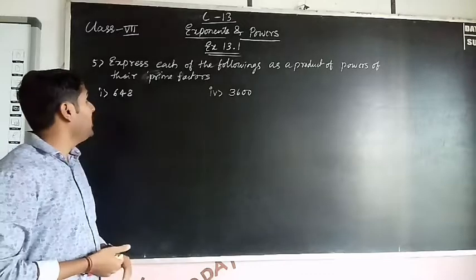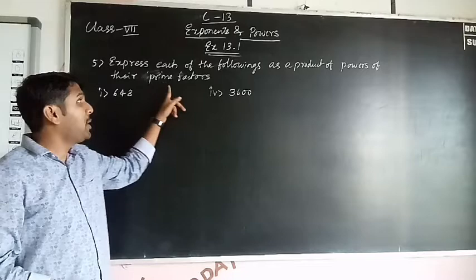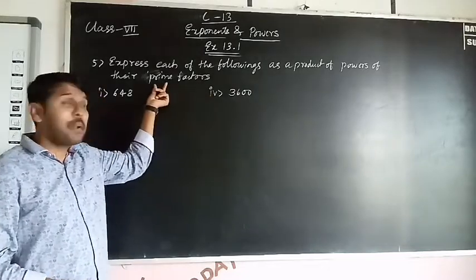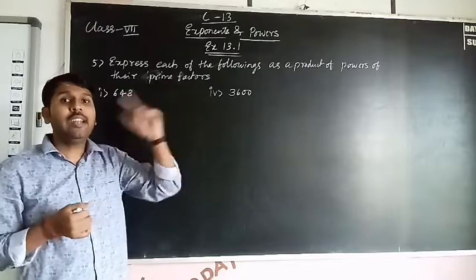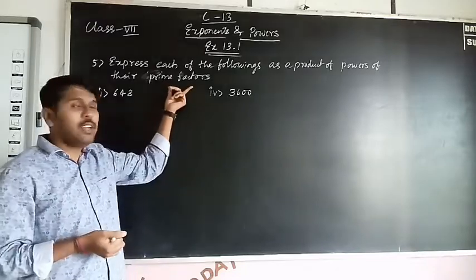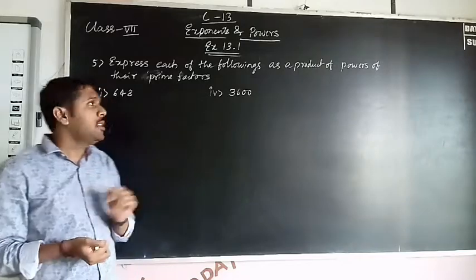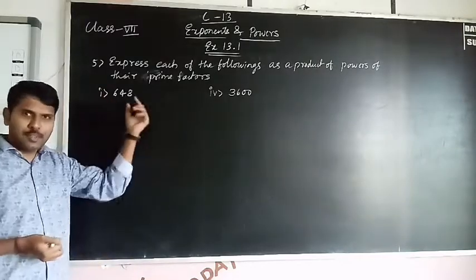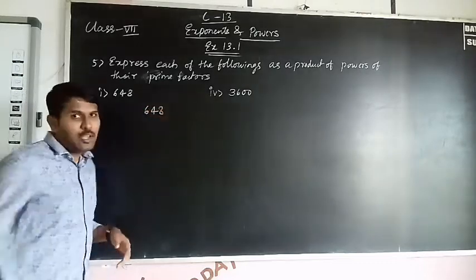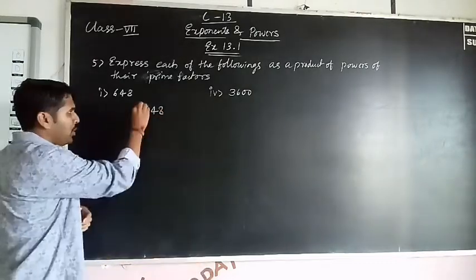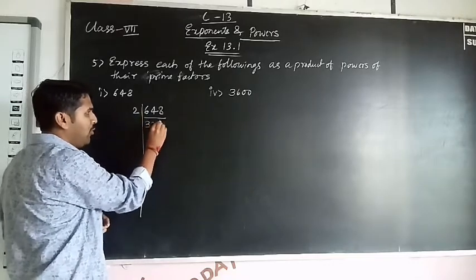Next, fifth one: express each of the following as a product of powers of their prime factors. So prime means the number which is having only 2 factors, 1 and itself. So prime factor means here the base must be a prime number only. Okay, so how to solve this one? Again the dividing method, 648. So this is an even number, it is divisible by 2. So try 2 3s are 6, 2 2s are 4, 2 4s are 8.